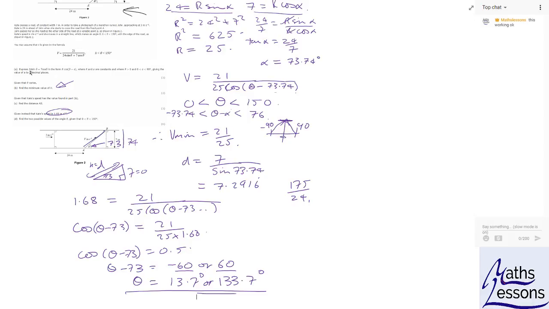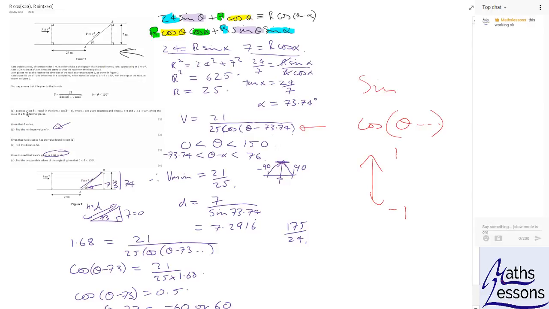The key thing is to remember that cos theta, or cos of anything, doesn't matter what's in here, goes between 1 and minus 1. And similarly for sine theta, you go between 1 and minus 1. If you always write them out and always match them up, then you're less likely to make mistakes than if you try and remember it by formulae.